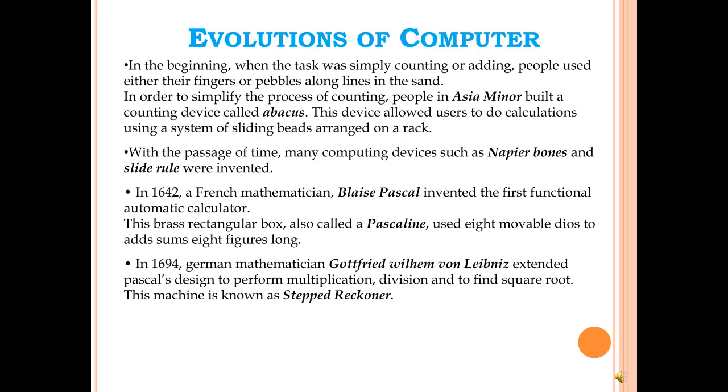But the German mathematician Gottfried Wilhelm made a change. He extended Pascal's device. Blaise Pascal designed the Pascaline, and it got extended for performing different tasks like multiplication and division, and it also helped to find the square root. After this invention, they gave this machine the name Stepped Reckoner.